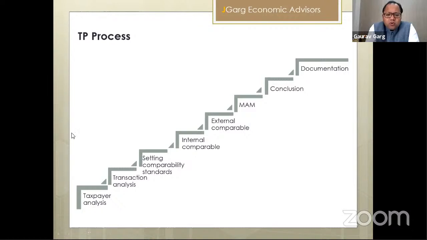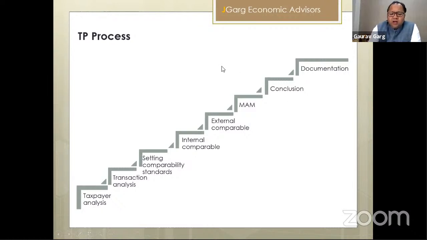So when you document taxpayer analysis, transaction analysis, setting comparability standards, internal comparison, external comparison, choosing the most appropriate method, doing adjustment, and then finally concluding, it becomes your TP study.